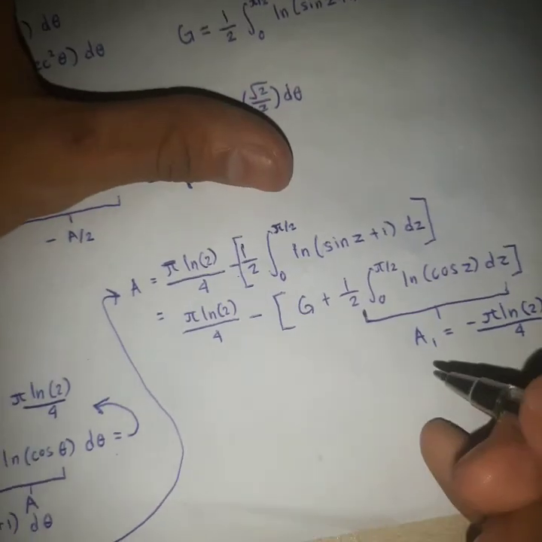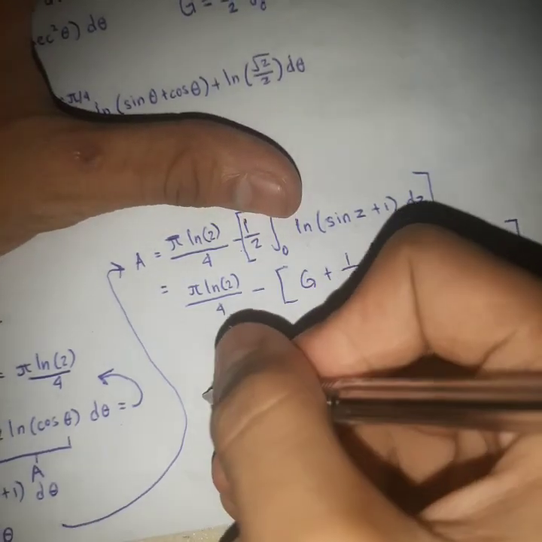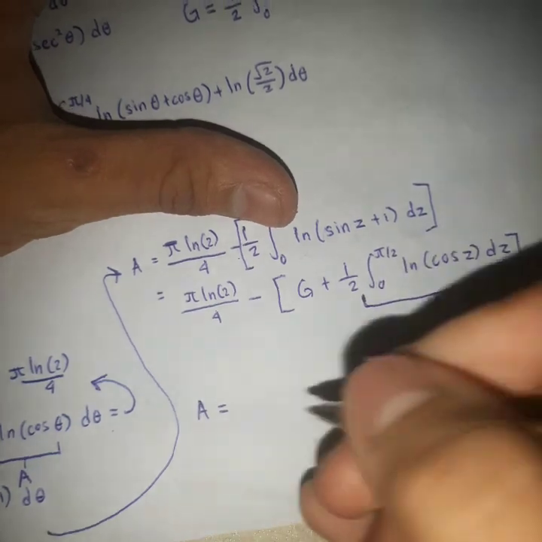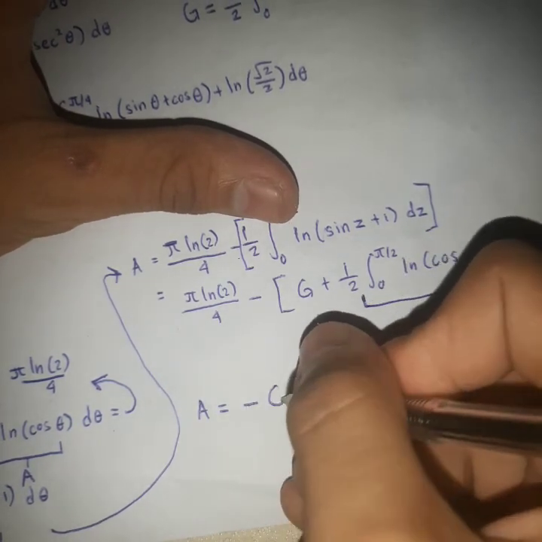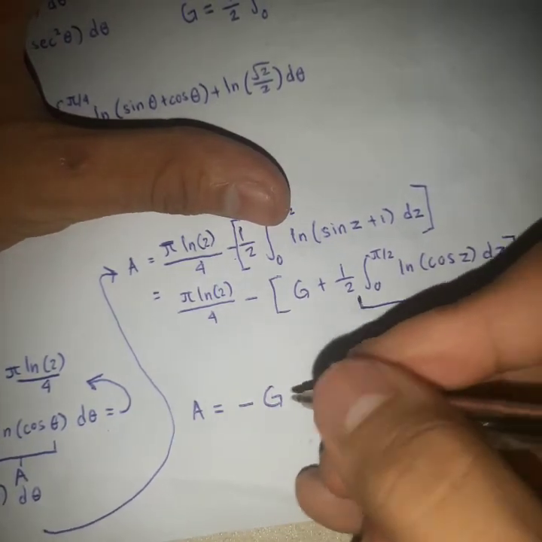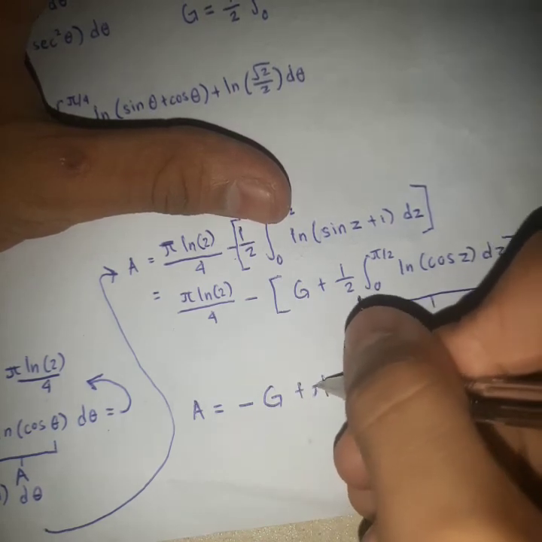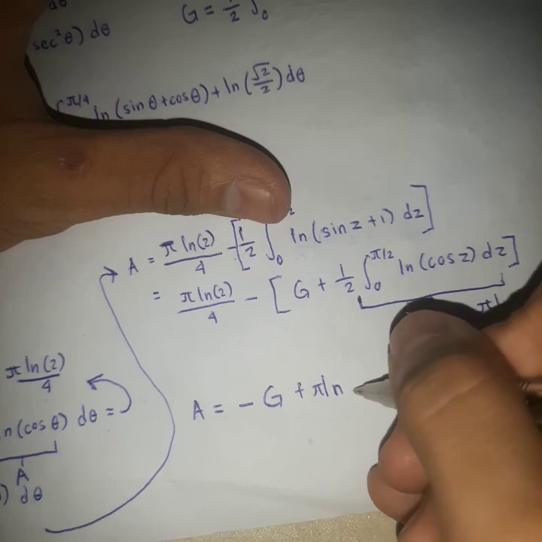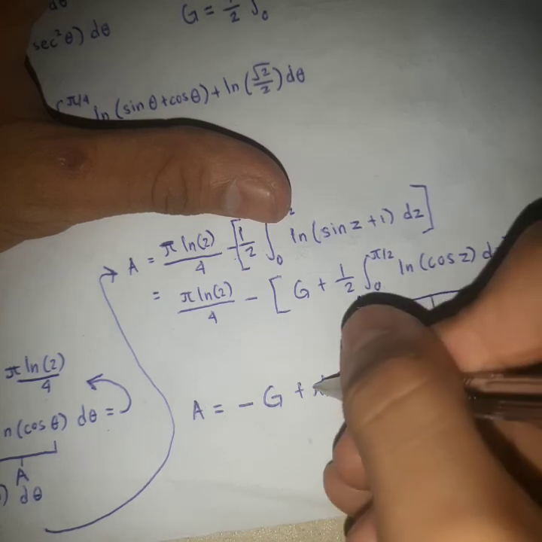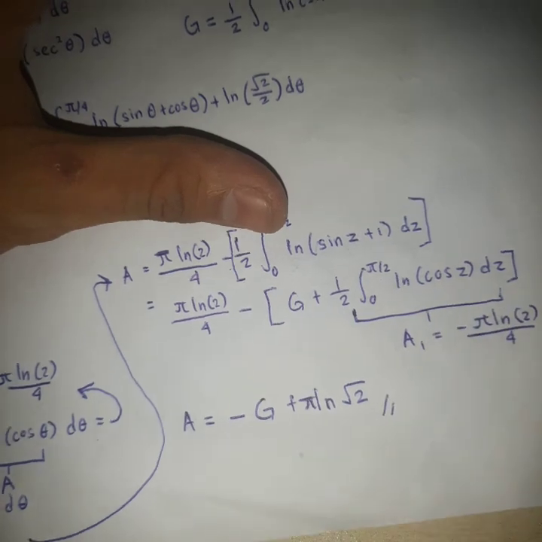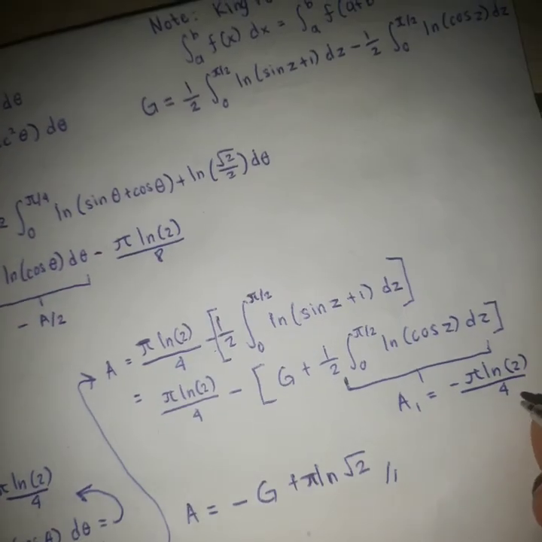So the final answer will become like this: a is just equal to negative G, where G is Catalan's constant, plus pi times ln of the square root of 2. So this is our final answer to the problem.